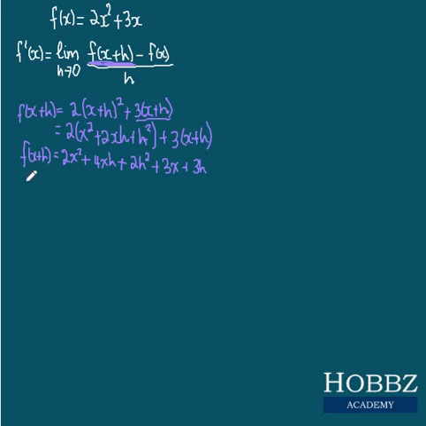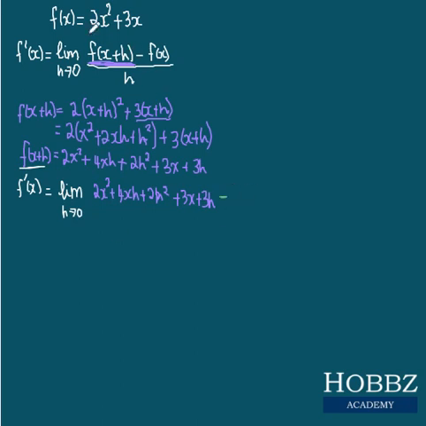So we have f prime of x equals the limit as h approaches 0 of f of x plus h, but we already have f of x plus h, so we'll put that in: 2x squared plus 4xh plus 2h squared plus 3x plus 3h, minus the function f of x.